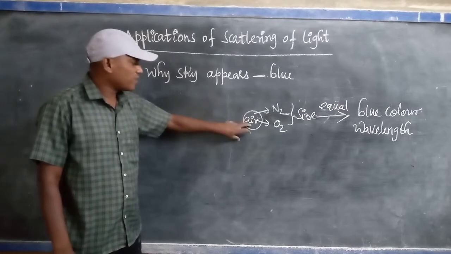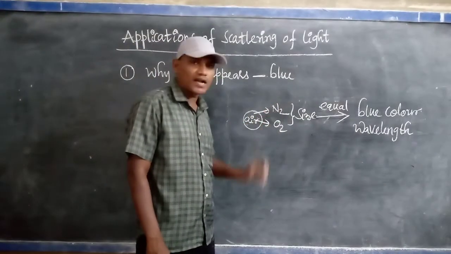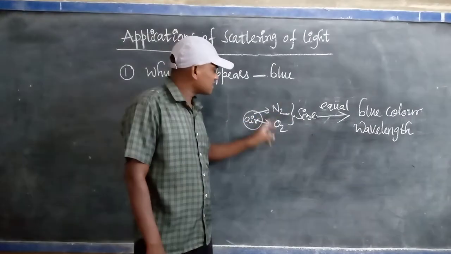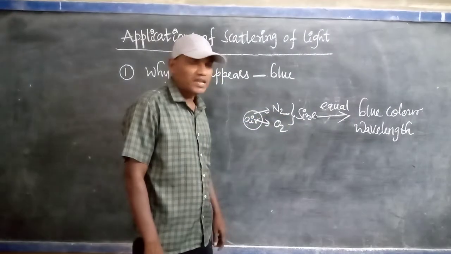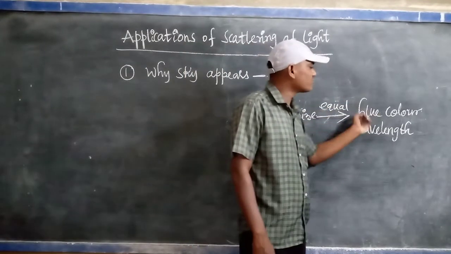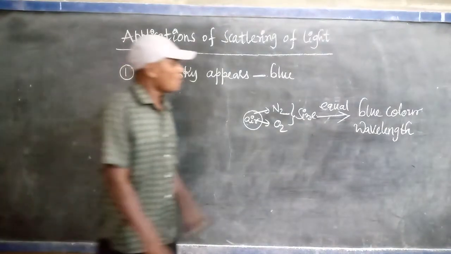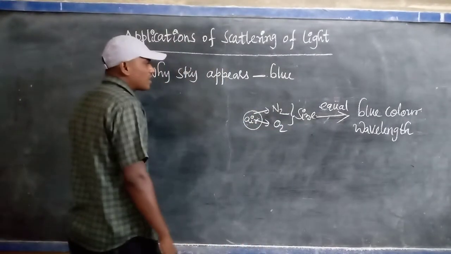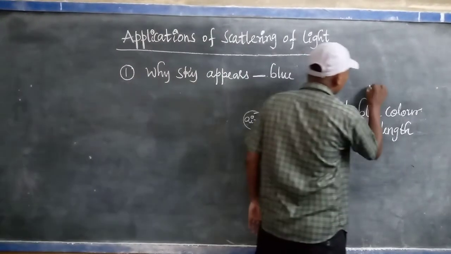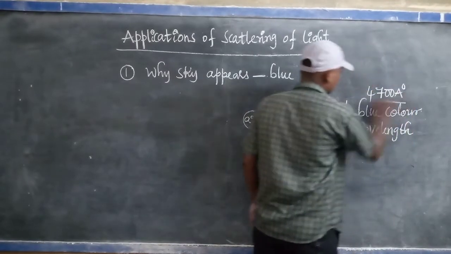Our Earth's atmosphere contains air, and the air mainly contains nitrogen and oxygen molecules. The average size of these two molecules is comparatively equal to the wavelength of blue light. So what is the wavelength of blue light? The wavelength of blue light is 4700 angstrom.